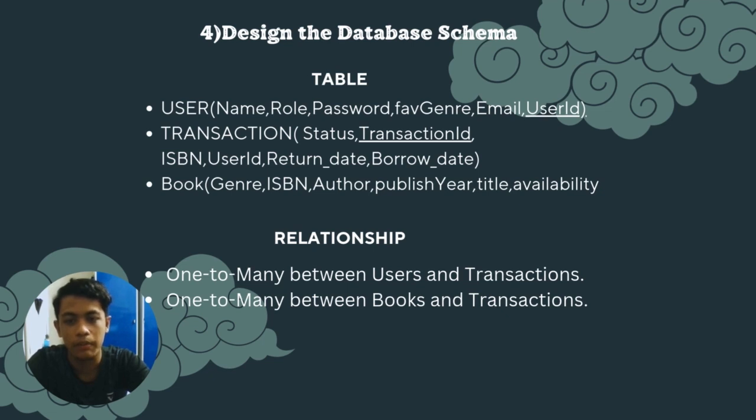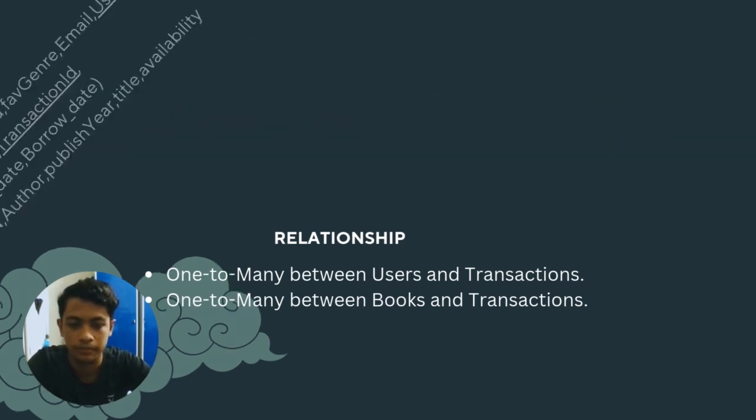Lastly, in the book entity, we have genre, ISBN, author, publish year, title, and availability as the attributes. For the relationships, we have one-to-many between user and transaction, and also one-to-many between books and transaction.